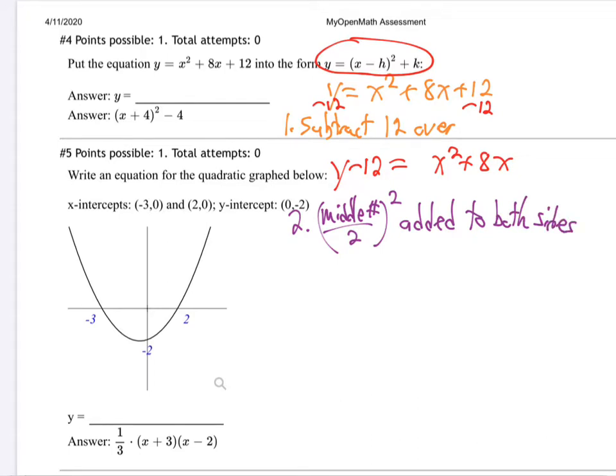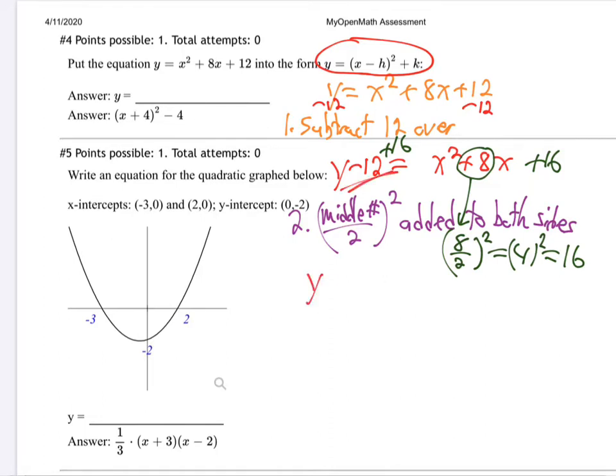So I'm going to take this number here that's in the middle. I'm going to put it over 2 squared. What's that? 4 squared. 16. I'm going to add 16 to both sides. Right? I'm doing the same thing to both sides of the equation, so nothing will change.